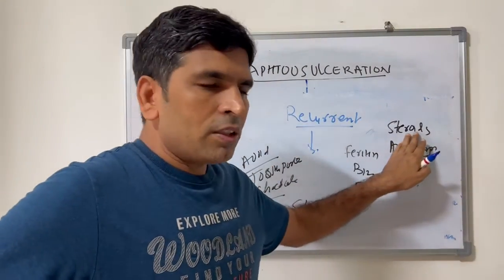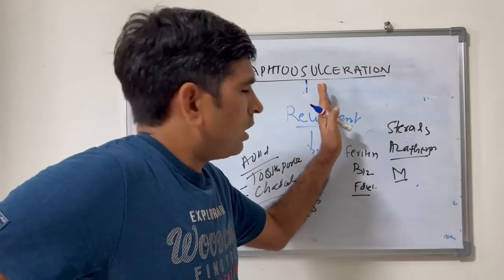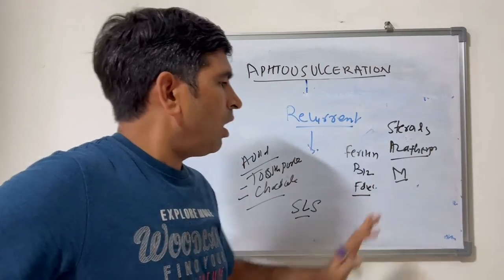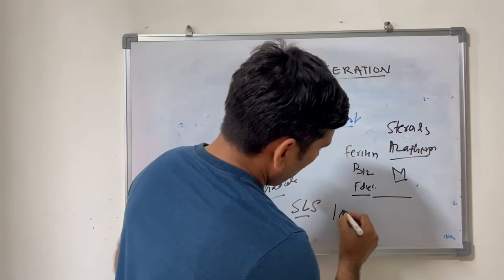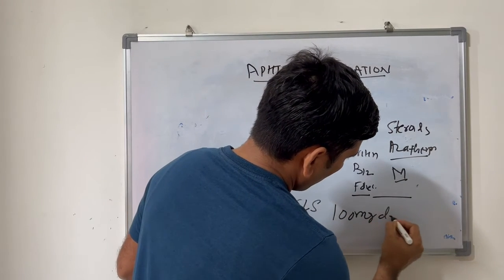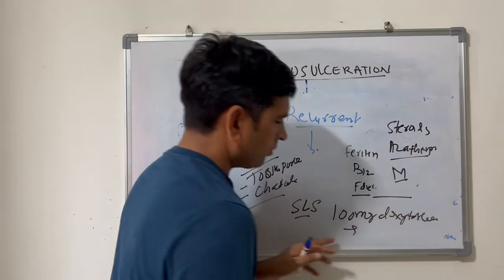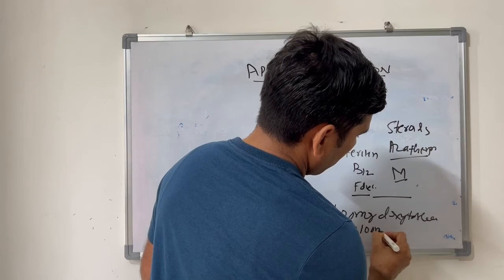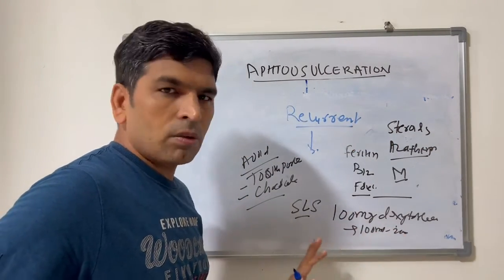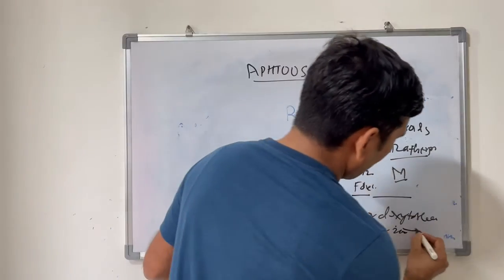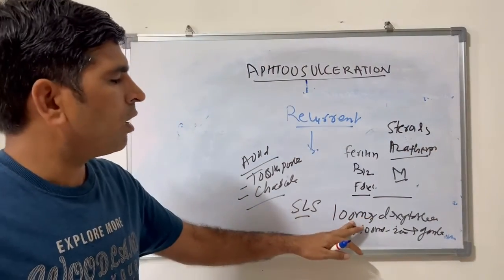You can give topical steroid as well as systemic depending on the severity of the aphthous ulceration. Another important thing you can do: take a 100 milligram doxycycline tablet in 100 or 200 ml water, mix it with the water and rinse it in the oral cavity. You do gargles. This is also effective.